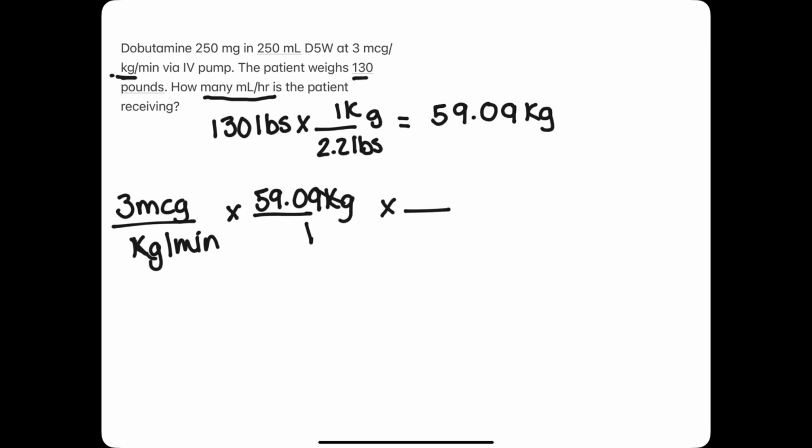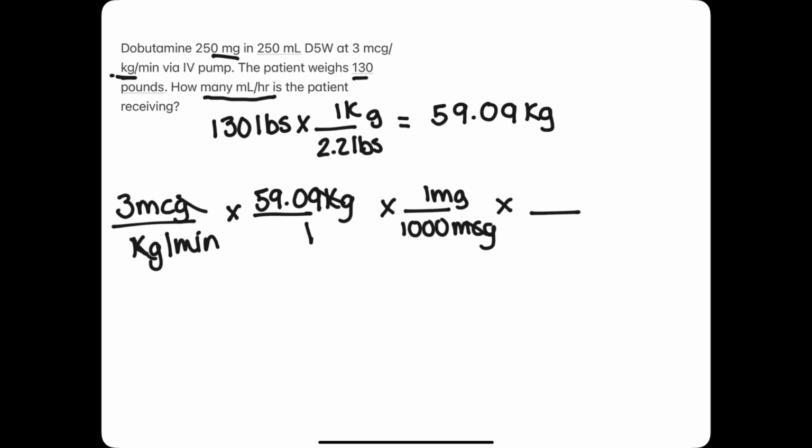So we know that our answer needs to be in mL, so we have to cancel out our mcg. But our problem uses mg, so we're going to have to convert, then cancel out. So we know that there's 1,000 mcgs in 1 mg. Now, mcgs has canceled out, and we're left with mgs.